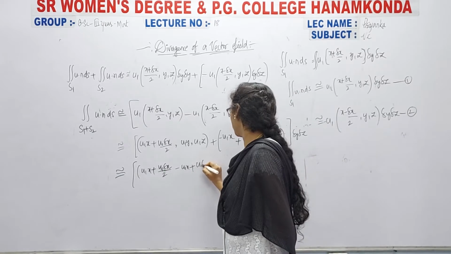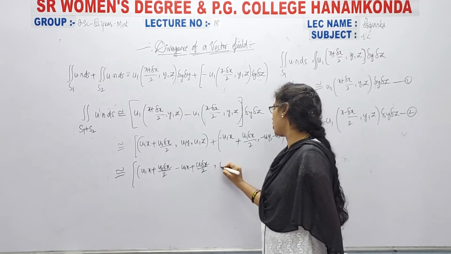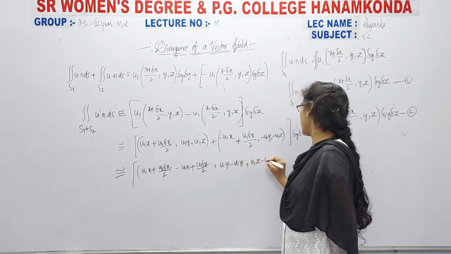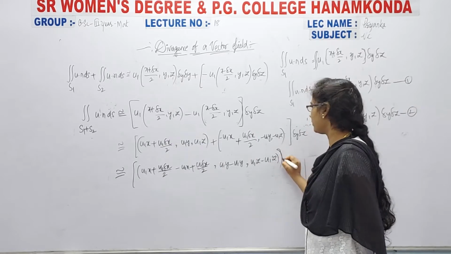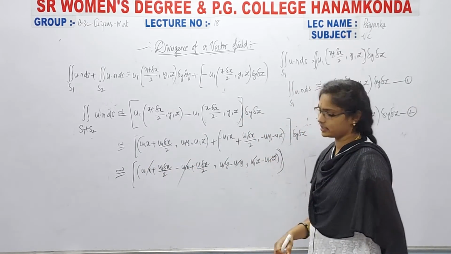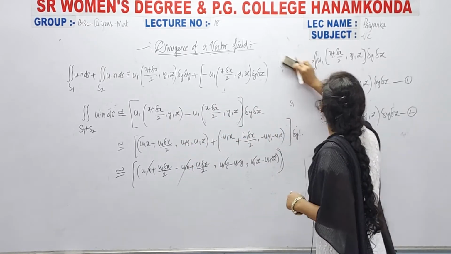This is the first term, comma u1 y minus u1 y, comma u1 z minus u1 z. So all the other values will be cancelled.